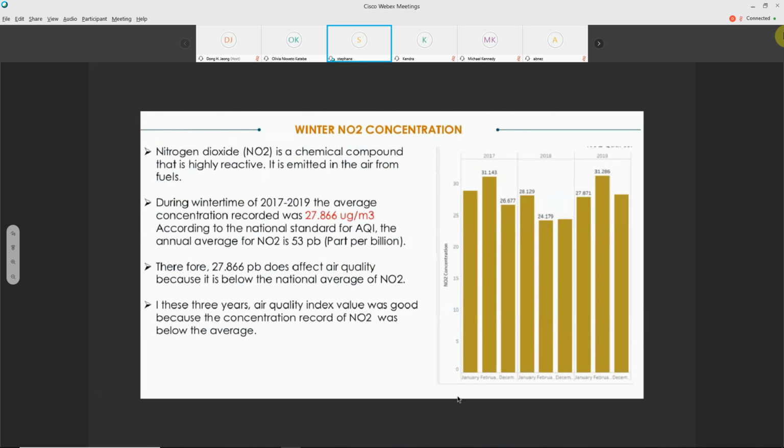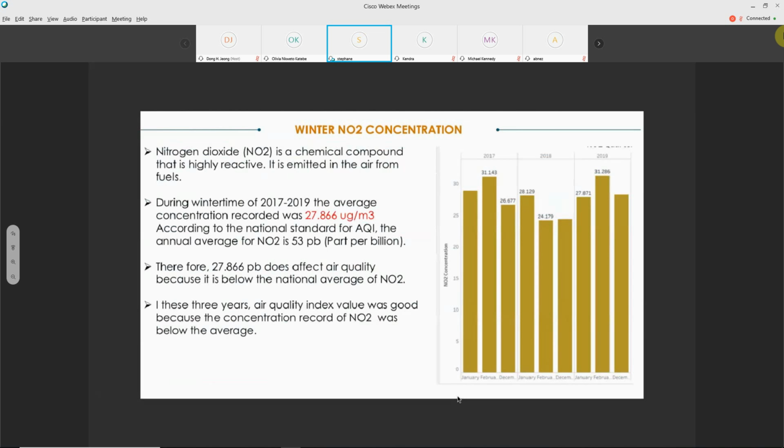During the winter time of 2017 to 2019, the average concentration recorded was 27.886 parts per billion. According to the national standard for air quality, the annual average of NO2 is 53 parts per billion.